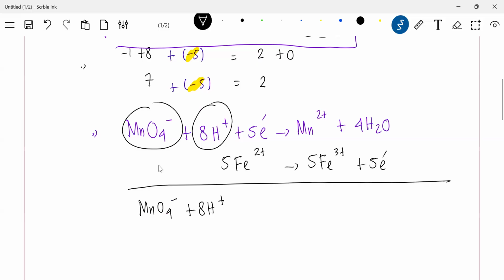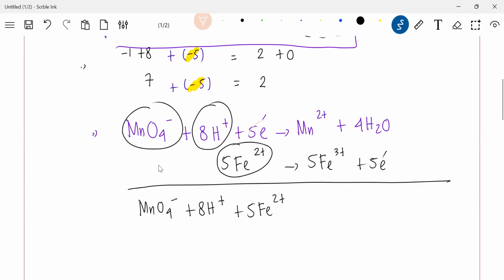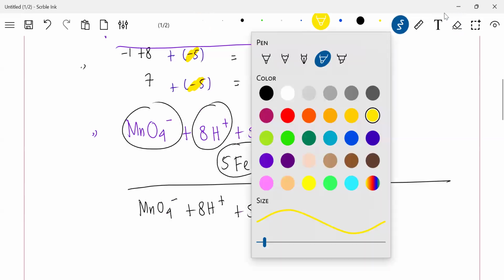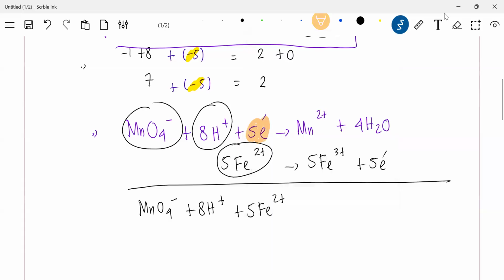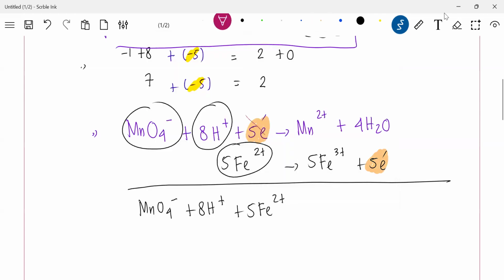Plus 5 Fe2 plus. Don't forget, because this is the same. Take a look. 5 electrons on the left and 5 electrons on the right, so you may cross them out because they are the same.